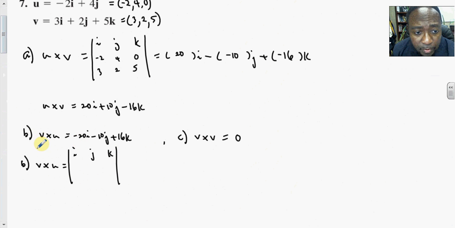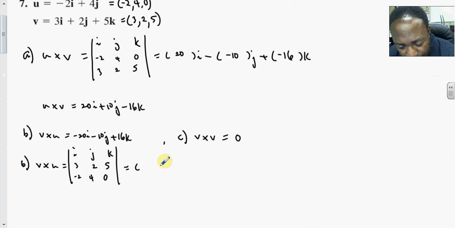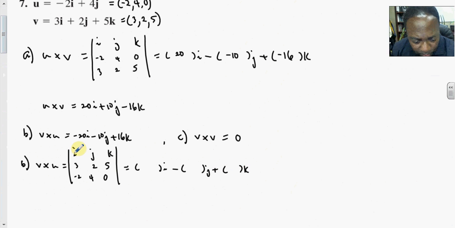Well, the vector V, 3, 2, 5, and then U, -2, 4, 0. Again, I minus J plus K. So delete the ith row and column, so we get 0 minus 20.